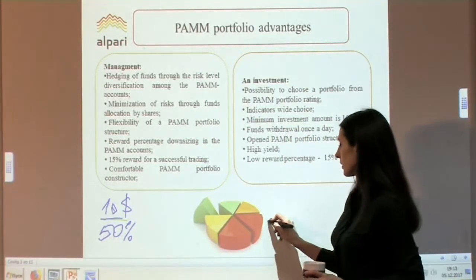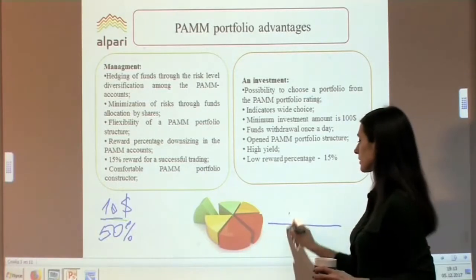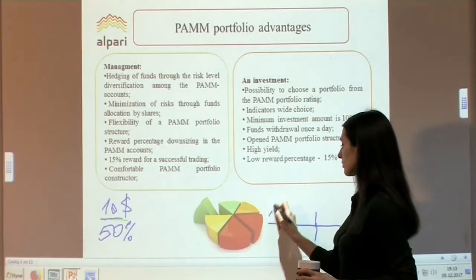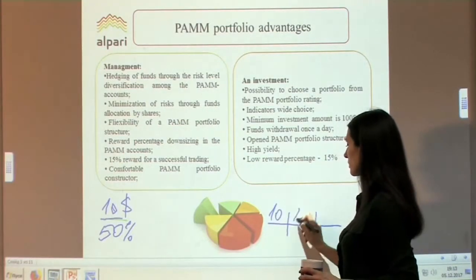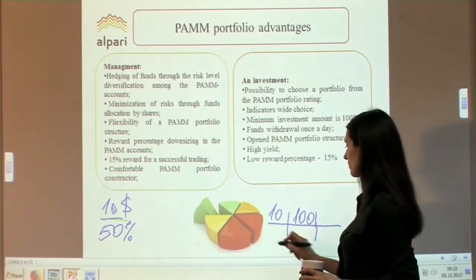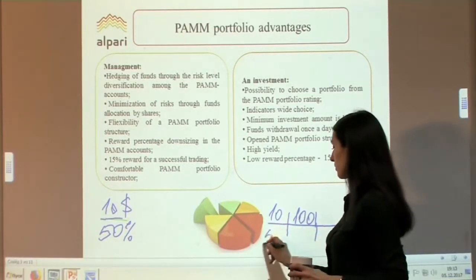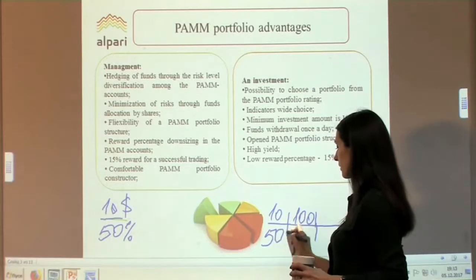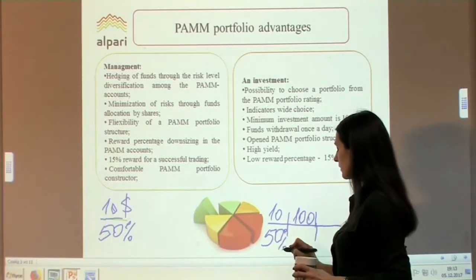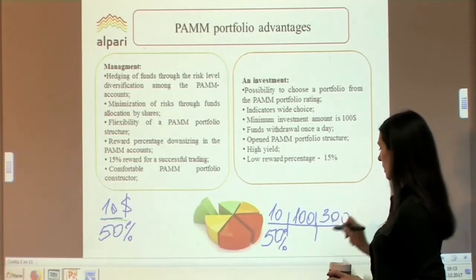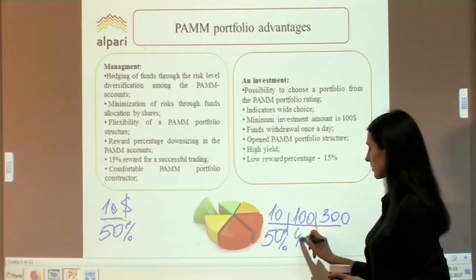And the multi-level proposal means that the greater the balance you deposit to this PAM account, the lower the percentage reward. For example, if you invest between $10 and $100, you'll pay 50%, okay? And from $100 to $300, for example, you'll pay about 40%.